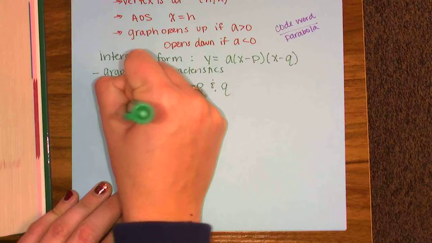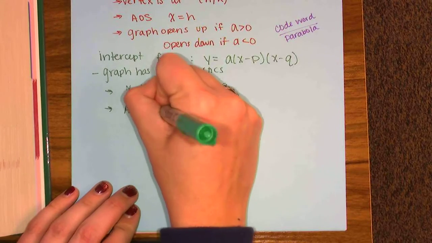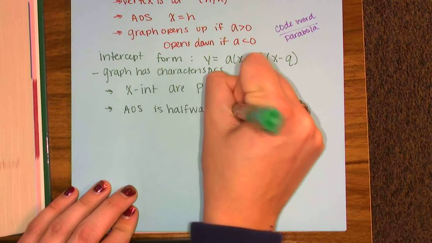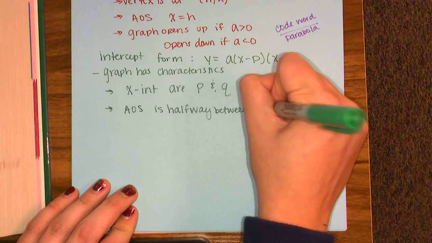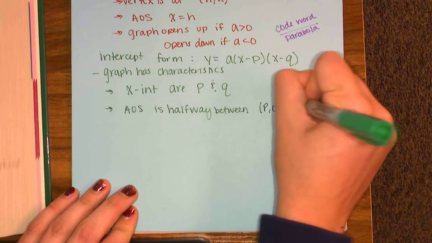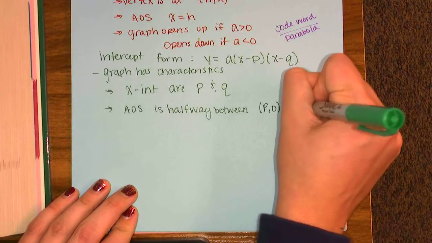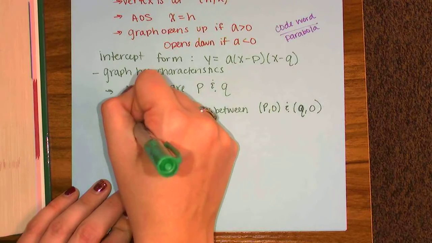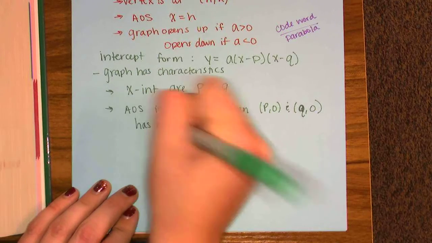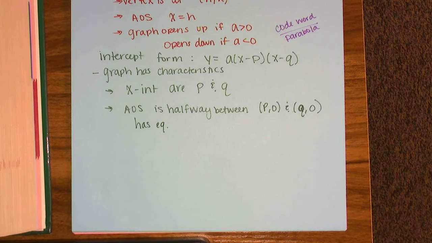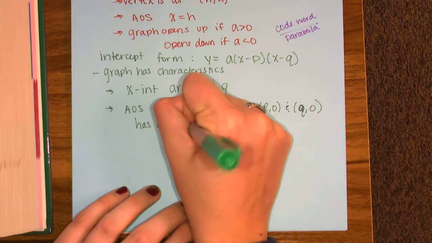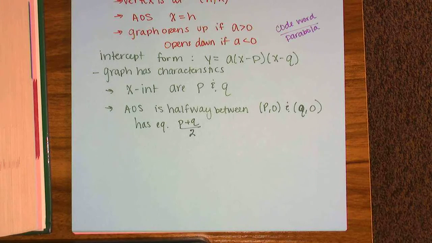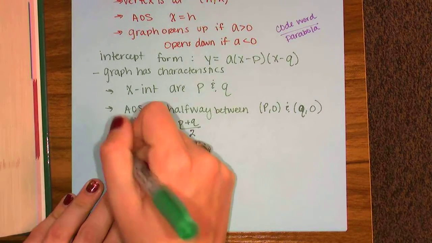The axis of symmetry is halfway between (p, 0) and (q, 0). It has an equation, if you can't figure out what it is or it's some weird number: p plus q over 2, so basically taking the average of the two.